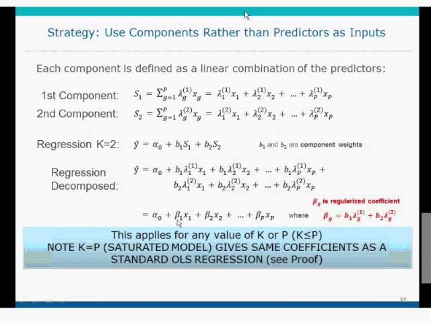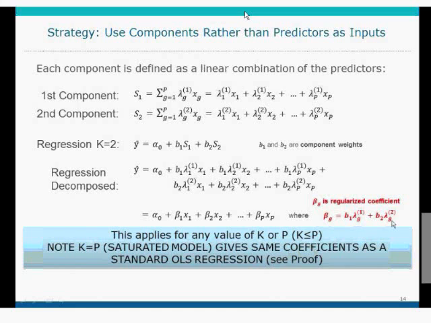So that's what we now define as beta 1. More generally, for any given regression coefficient, that can be obtained as the component weight for the first component times the loading for that predictor on that component, plus the component weight times the loading on the second component.